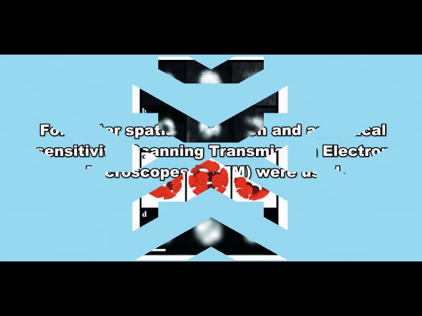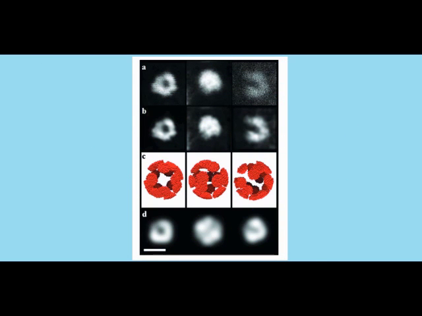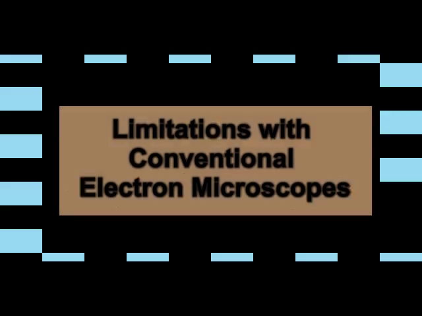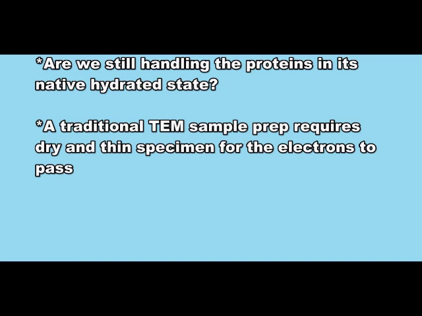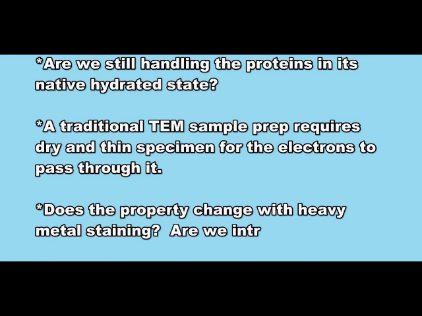This is the image of different kinds of ferritins, horse ferritin and spleen ferritin, and they tried to show that the ferritins look different in horse and spleen. But these techniques had some limitations. For example, the protein needed to be dried, and it can't be handled in a native state. That's how the electron microscopy techniques work. And also it requires staining.